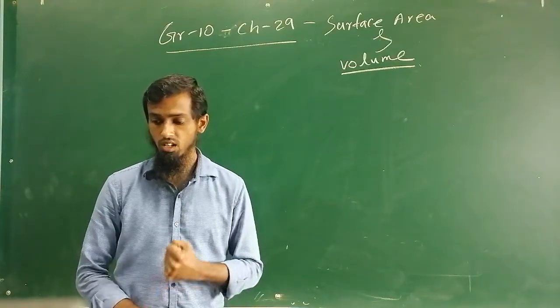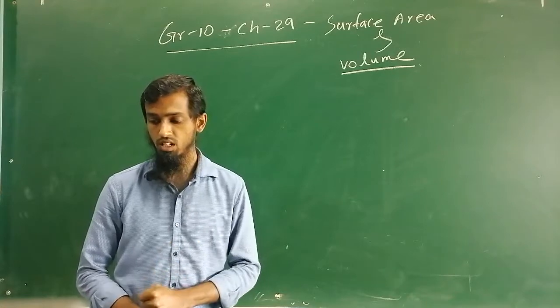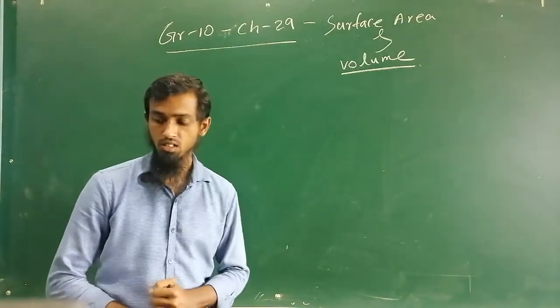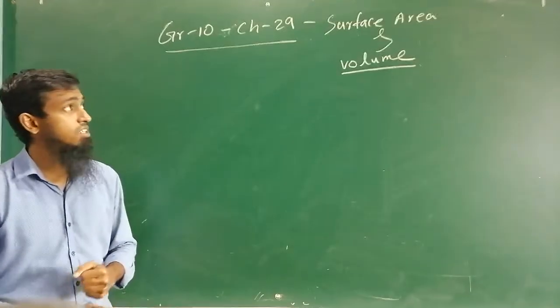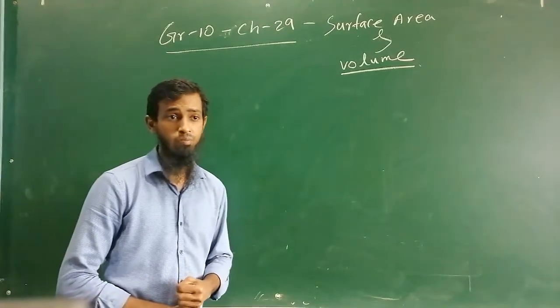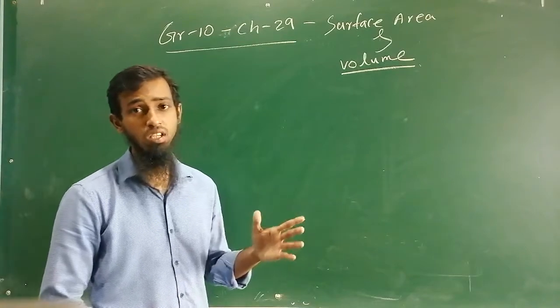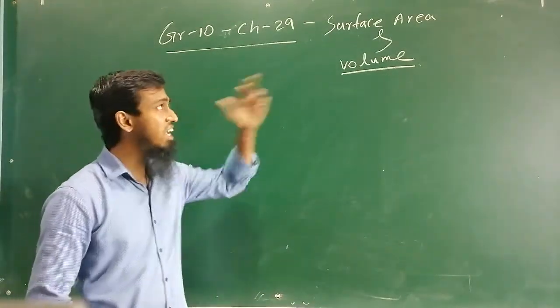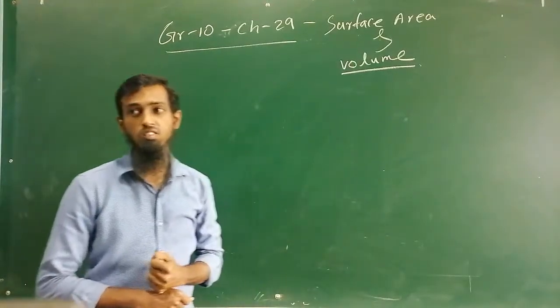Grade 10 students, in today's session we are going to start a new lesson, chapter 29, surface area and volume. In the previous sessions in grade 10 and grade 9 we studied the area of plane figures.